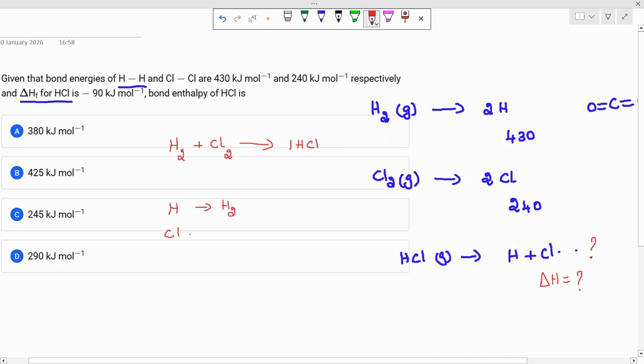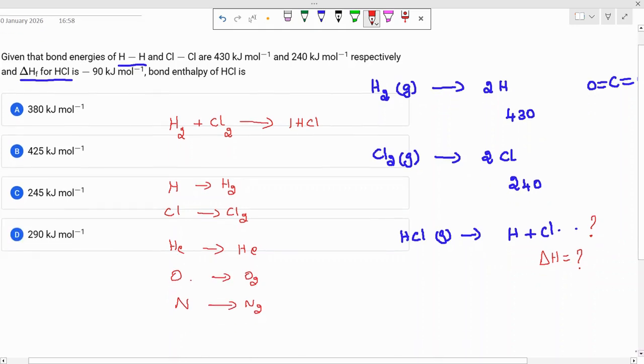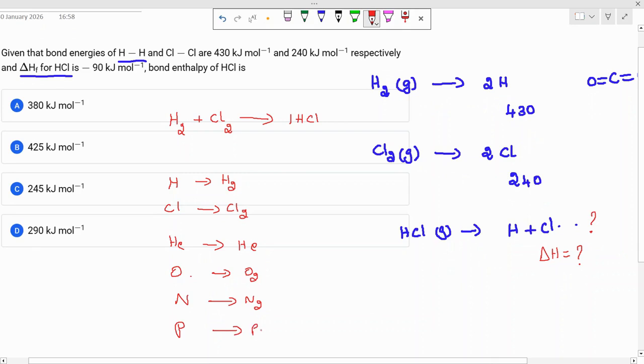Chlorine is not in a monatomic state, it will be in diatomic state. But the elemental state of helium will be monatomic. The elemental state of oxygen will be diatomic, of nitrogen will be N2, and of phosphorus will be P4, like that. So you have to consider only the elemental state, that is, how it exists at room temperature, that is called the elemental state.